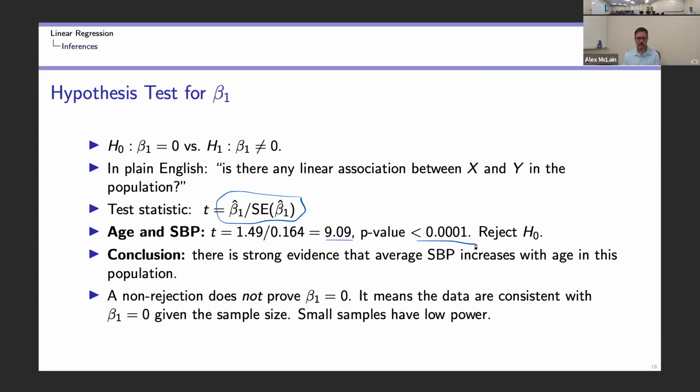It just means that the data are consistent with beta 1 being equal to 0 given the sample size. Small sample sizes have low power. So if we only had 3 subjects, and maybe if that's the case, our p-value is not small, 0.5 or something like that. That doesn't mean beta 1 is equal to 0. It just means with the data that we had, there's no indication that it's different from 0.